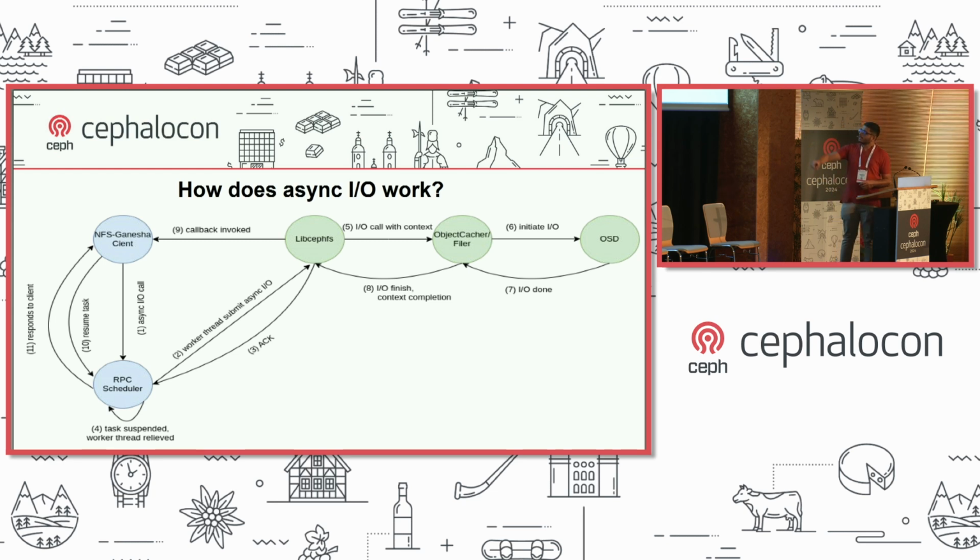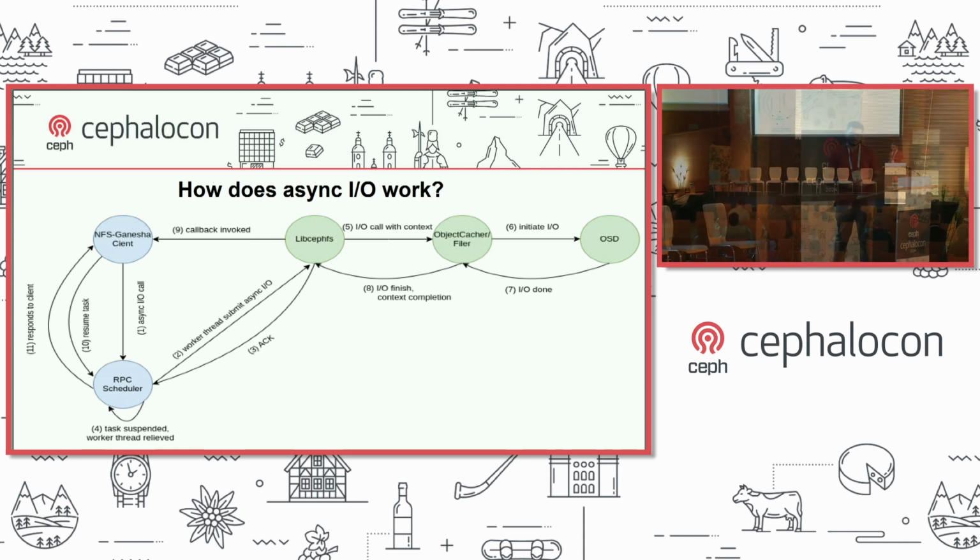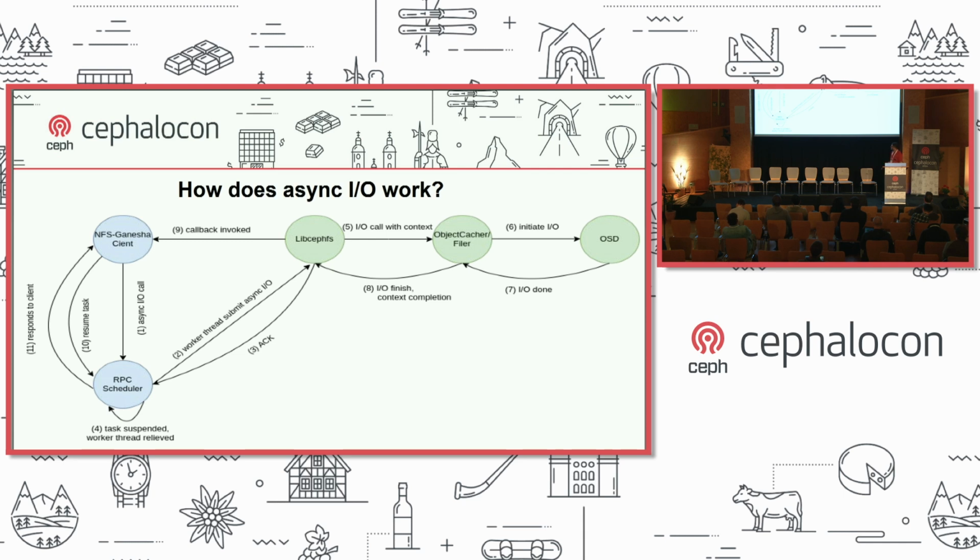FYI folks, the RPC scheduler would just not send the response back to the client directly. There are a lot of layers that I have intentionally omitted to keep this diagram async I/O centered. In reality, the RPC scheduler would send the response to the protocol layer, which basically completes the building up of the response before sending it to the client.